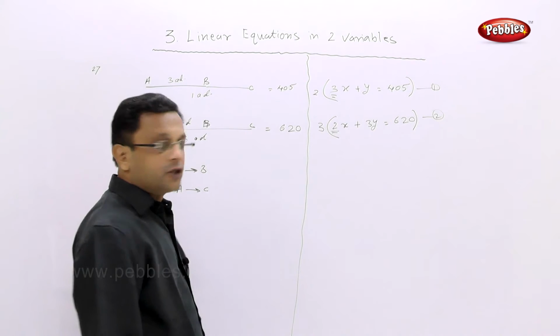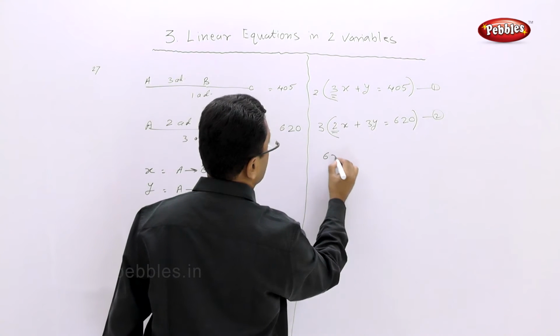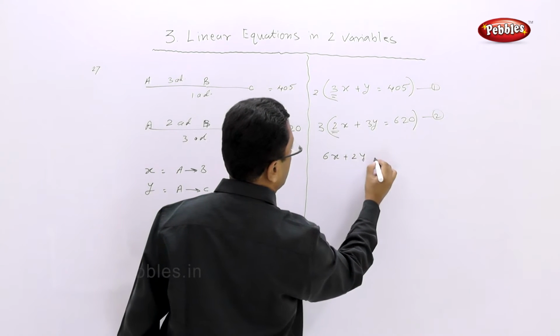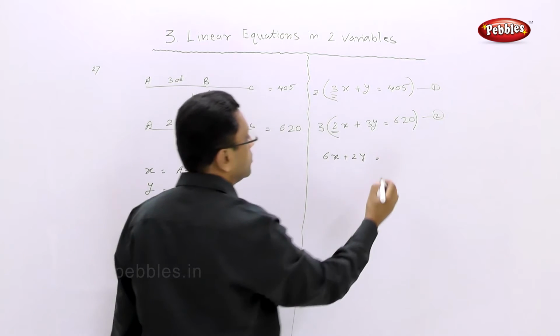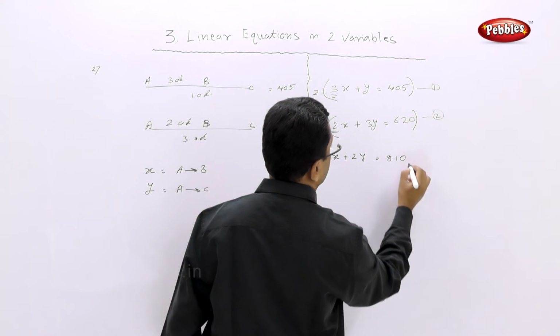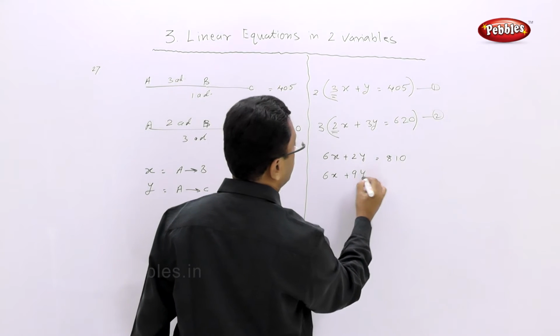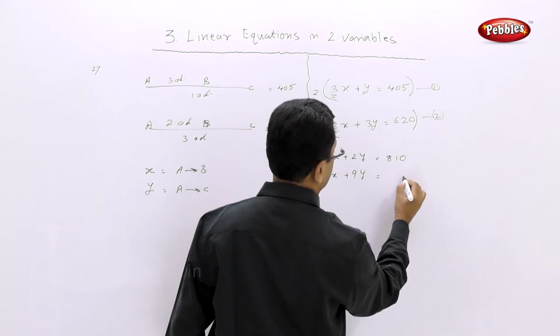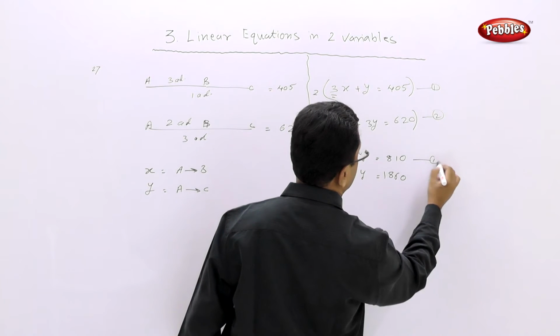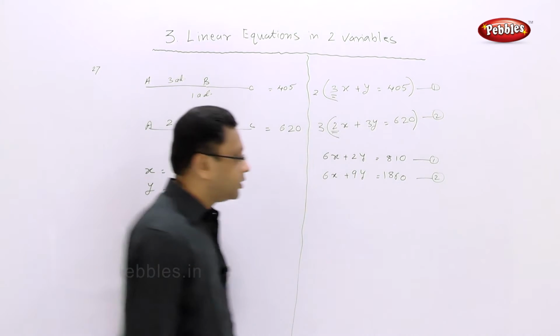What two equations I got is 6x plus 2y is equal to 810 and 6x plus 9y is equal to 1860. I got these two equations.